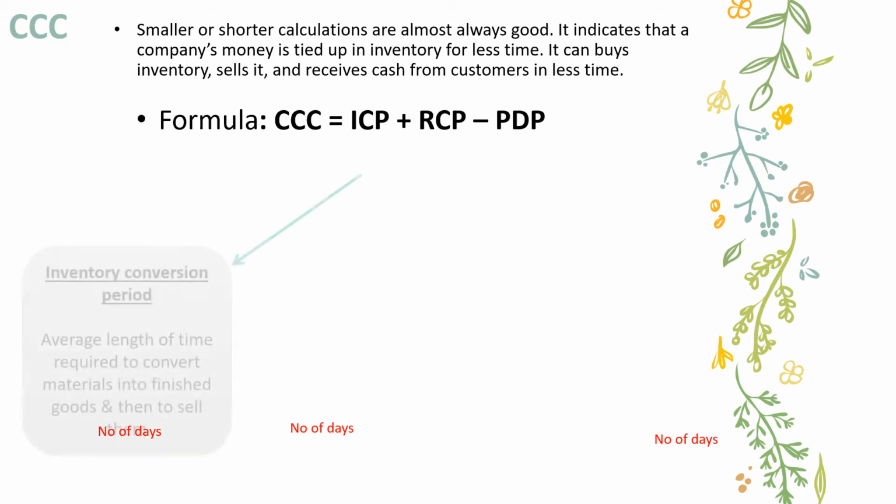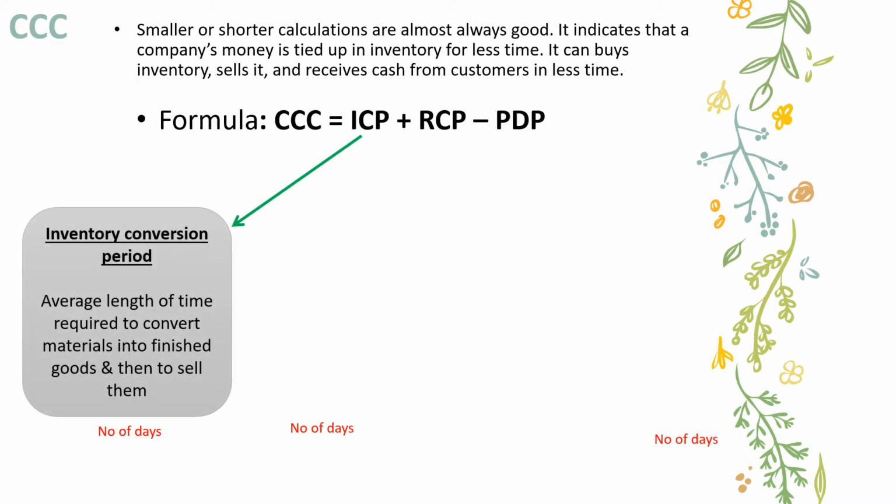So now the formula for the cash conversion cycle is ICP plus RCP minus PDP. So what is ICP? ICP is the inventory conversion period. And what is inventory conversion period? It is the average length of time required to convert materials into finished goods and then to sell them.